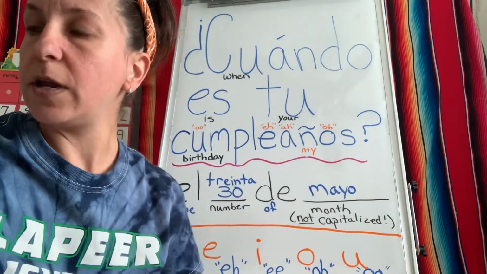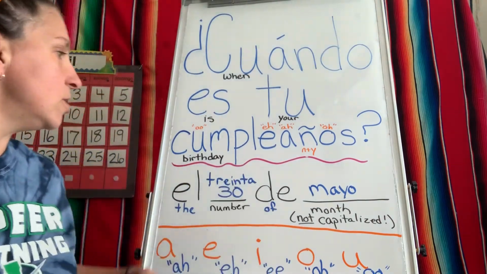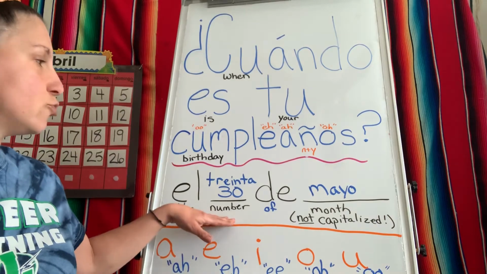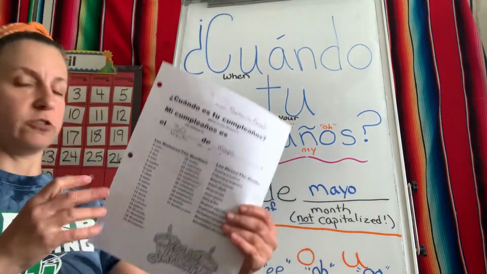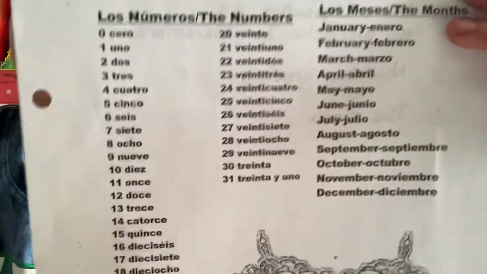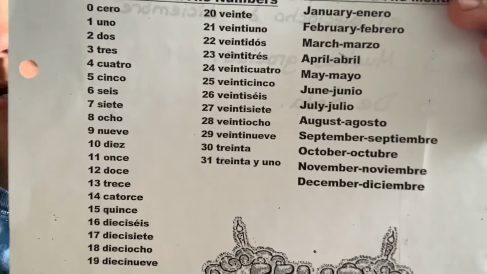Before we wrap it up here, I just want to go over the main parts of putting a cumpleaños together, which is los números y los meses. The numbers and the months is all you really need to understand that. So we'll start by counting up to 31.